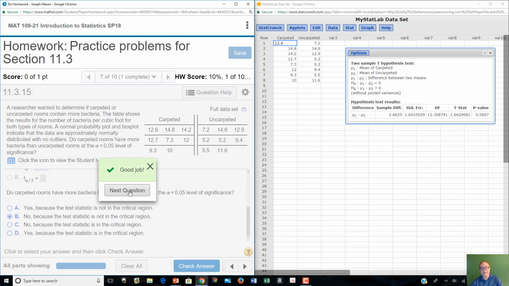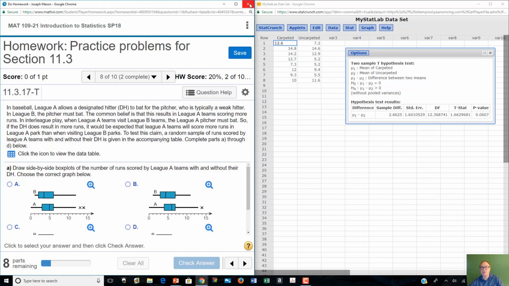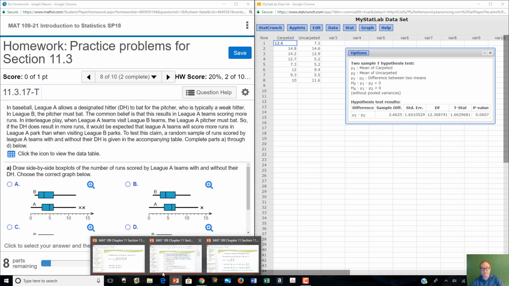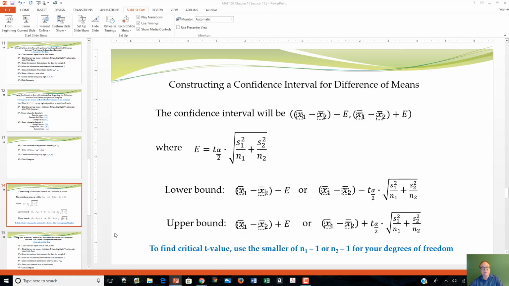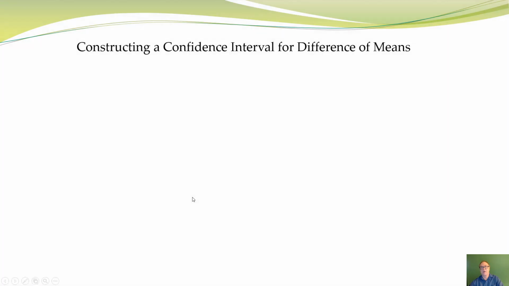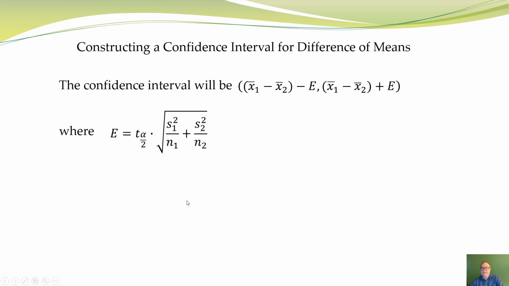So we check. Okay? And there's a couple problems using the information we've been talking about. All right? Now, if we go back to this, now we're going to talk about finding a confidence interval for the difference of means. Okay, so it's going to be x bar 1 minus x bar 2 minus the margin of error, to x bar 1 minus x bar 2 plus the margin of error. Margin of error is going to equal that formula.